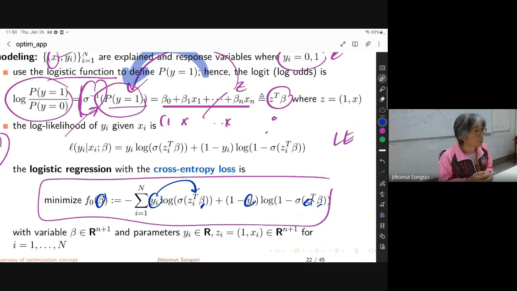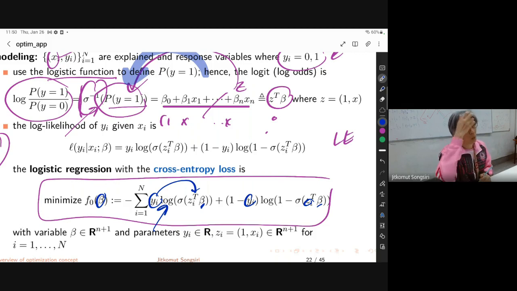Is this an unconstrained or constrained problem? Unconstrained. Do you have to worry about the log? The log has an implicit constraint. The domain of log is what? Non-negative.